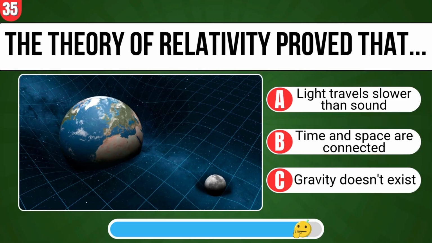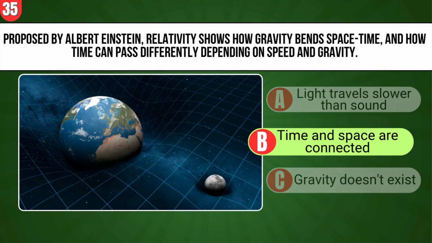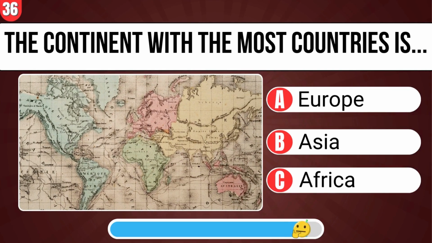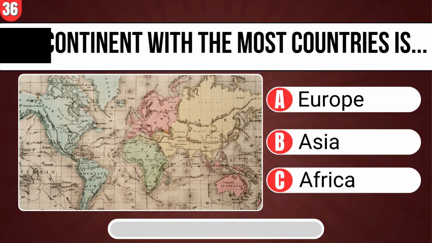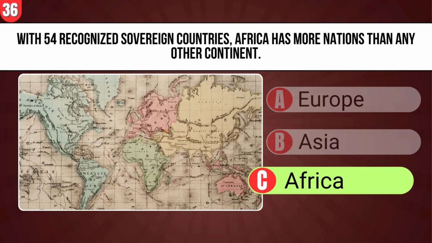The theory of relativity proved that time and space are connected. Which continent has the most countries? Africa has more nations than any other continent.